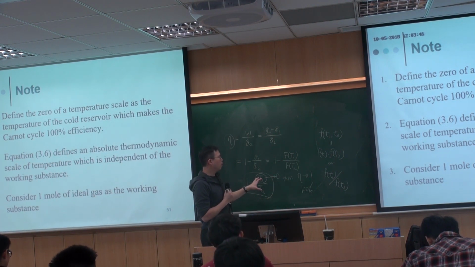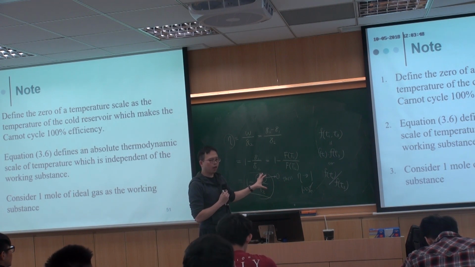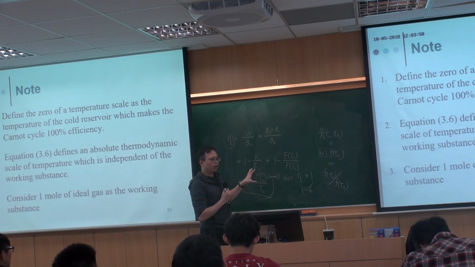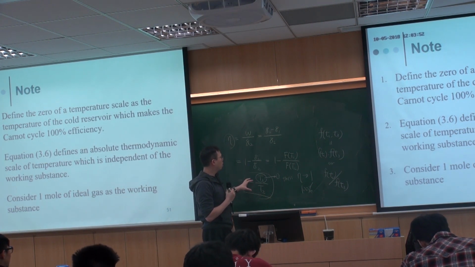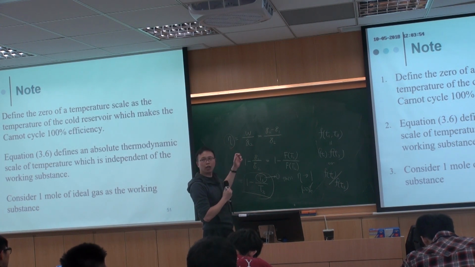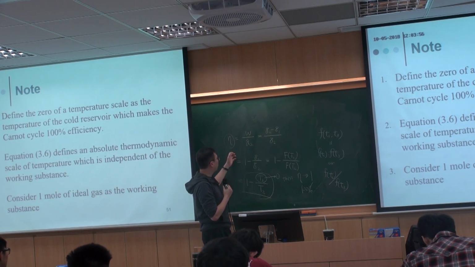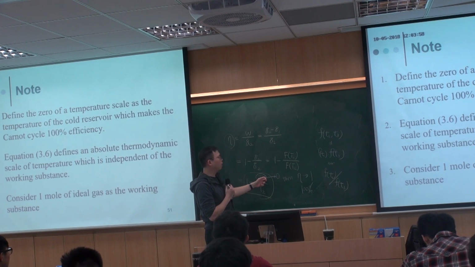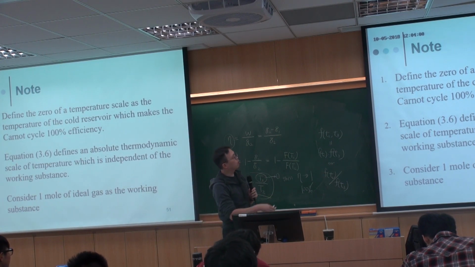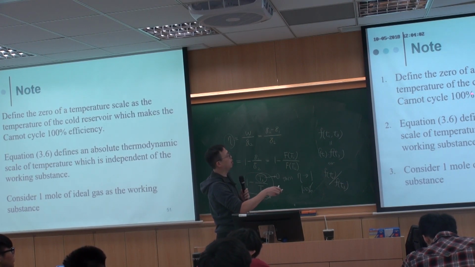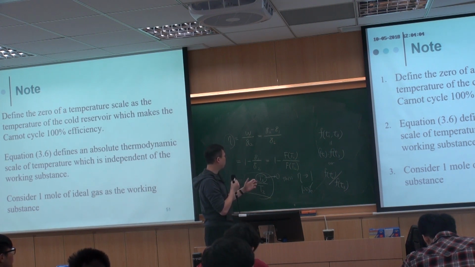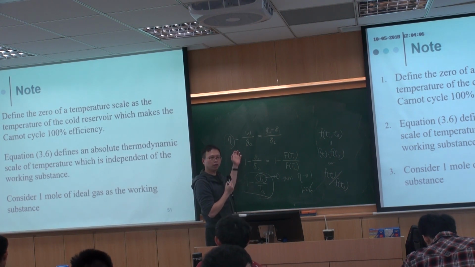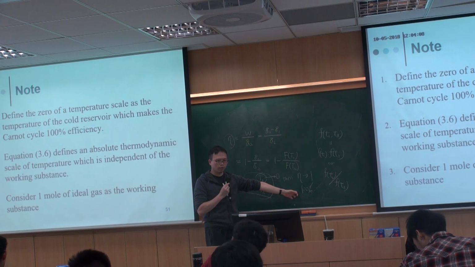So the way for classical thermodynamics to define the absolute zero is from the efficiency of a heat engine. When the temperature of the cold reservoir is 0, then we will have the maximum efficiency, which is 100%.